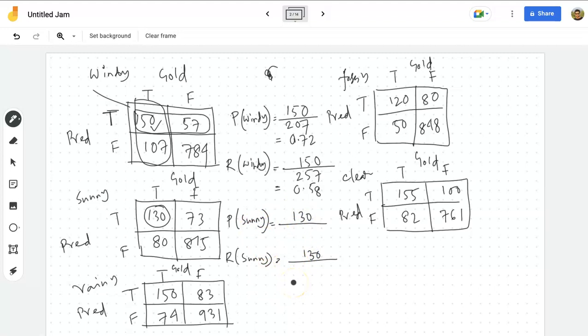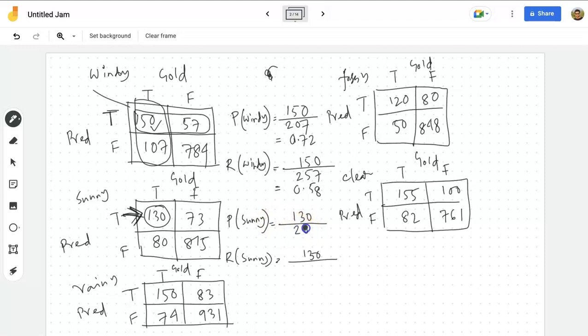So what is the difference between precision and recall? For precision, the denominator is the total number of times you predicted sunny. So basically this row. What is this sum? 130 plus 73, it will be 203.